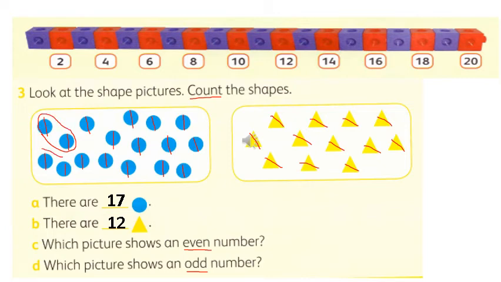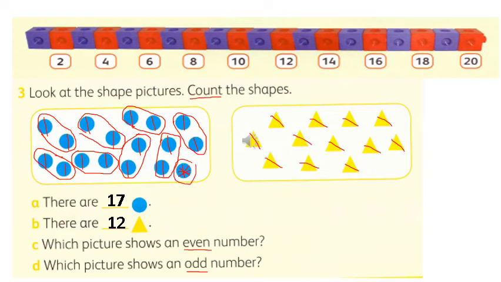2, 4, 6, 8, 10, 12, 14, 16, and here we have one blue circle all by itself.